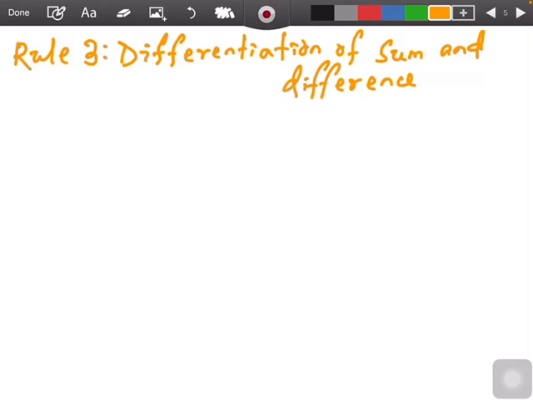When you want to calculate derivative of sum or difference, how can you find the derivative?